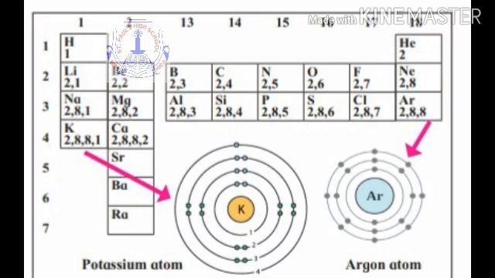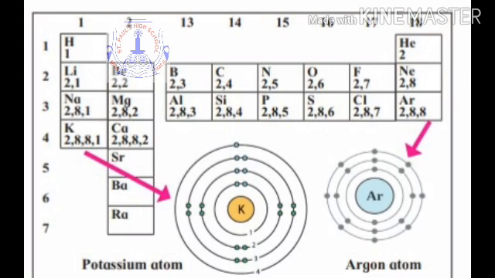So what similarity do you find here? In the first group elements, the valence electrons are the same. Valence electrons are the last orbit electrons. So here we have one valence electron, here also 1, 1, 1. Since they have one valence electron, they all behave in a similar manner, and they also exhibit valency 1. Why do they exhibit valency 1? Because for these elements to become stable, they need to give one electron to another element.